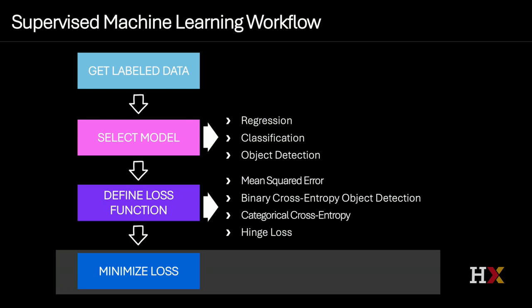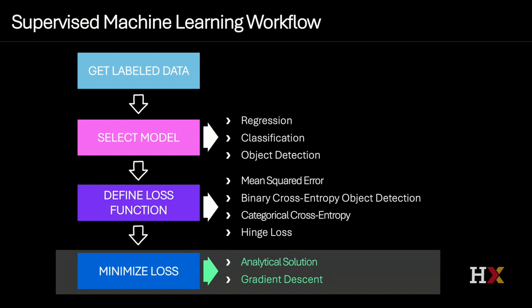Final step, minimize the loss. This is where learning actually happens. The most common method is gradient descent, a way to adjust the model's parameters to make the prediction better. We'll talk a lot more about how gradient descent works, but for now, think of it as trial and error.